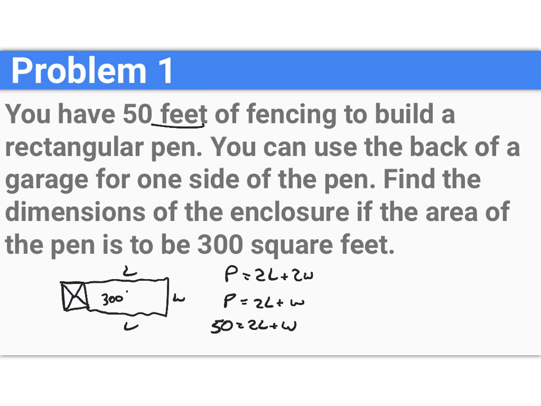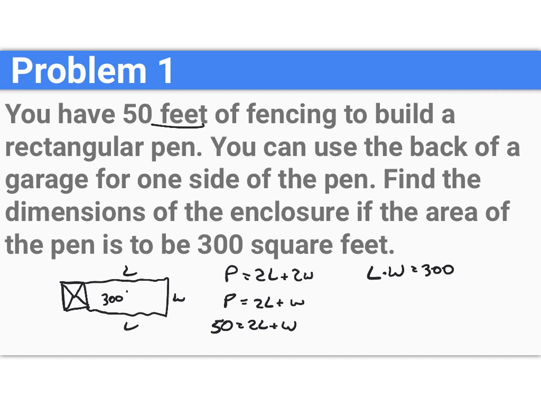And so your 300 square feet is going to be your area. So length times width equals 300. This is a very tricky problem, and I should have done this one as the example and left you with example 1 as the problem.